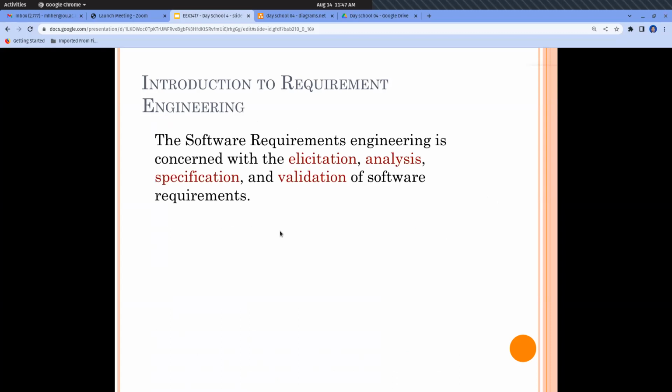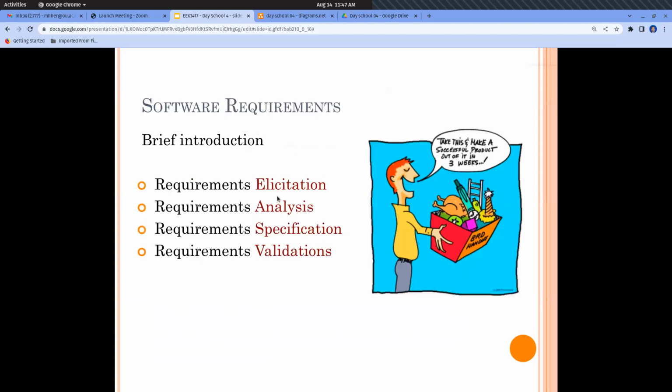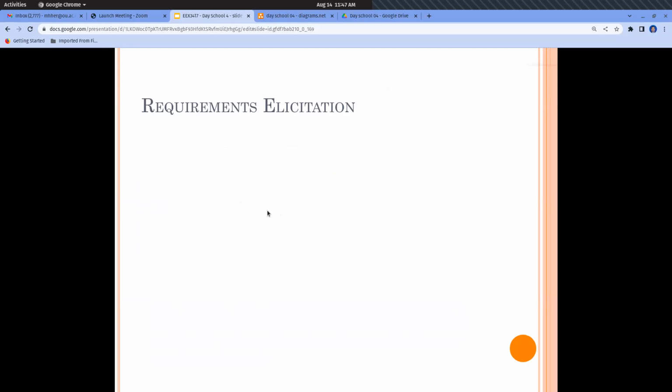This is about the software first phase. The second phase is software engineering, requirement engineering. Requirement engineering has elicitation, analysis, specification and validation. Elicitation means how the necessary data is obtained.